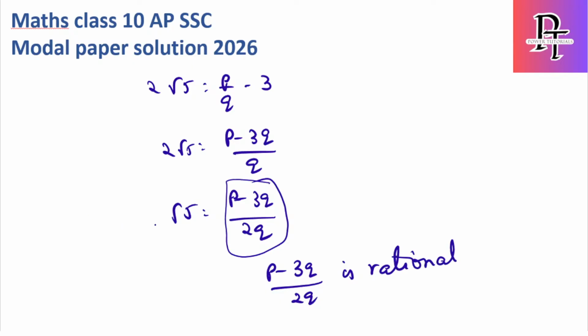What is the other condition? Root 5 from before is irrational. I have to say that. So our assumption is wrong.